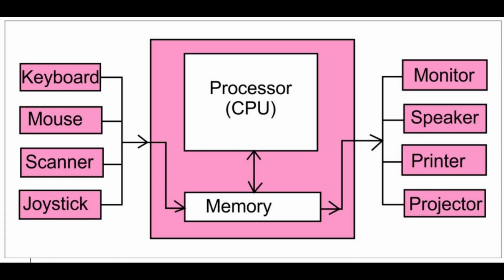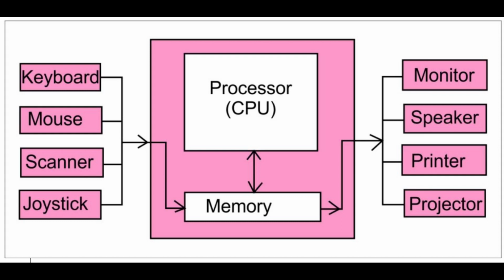First generation, the period of first generation, 1946 to 1959. Vacuum tube based. Second generation, the period of second generation, 1959 to 1965. Transistor based. Third generation, the period of third generation, 1965 to 1971.